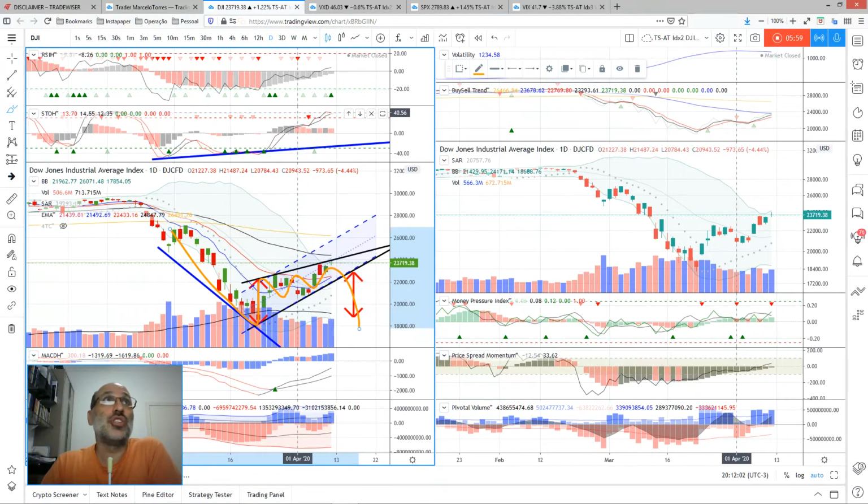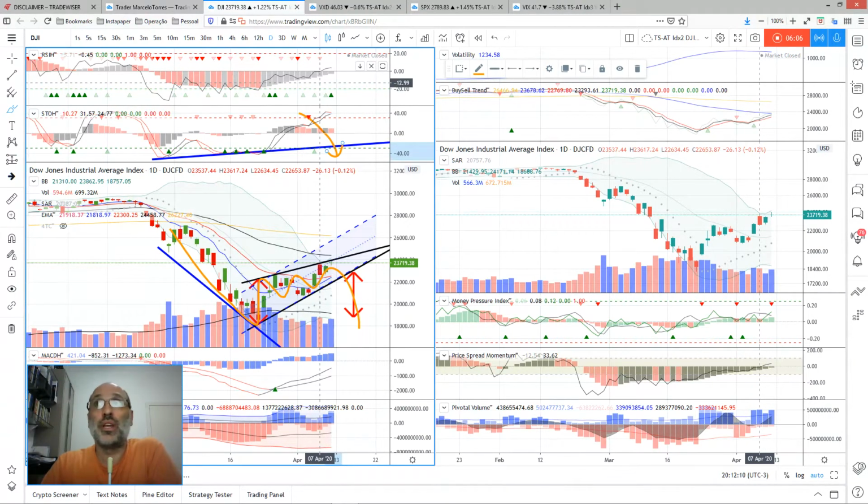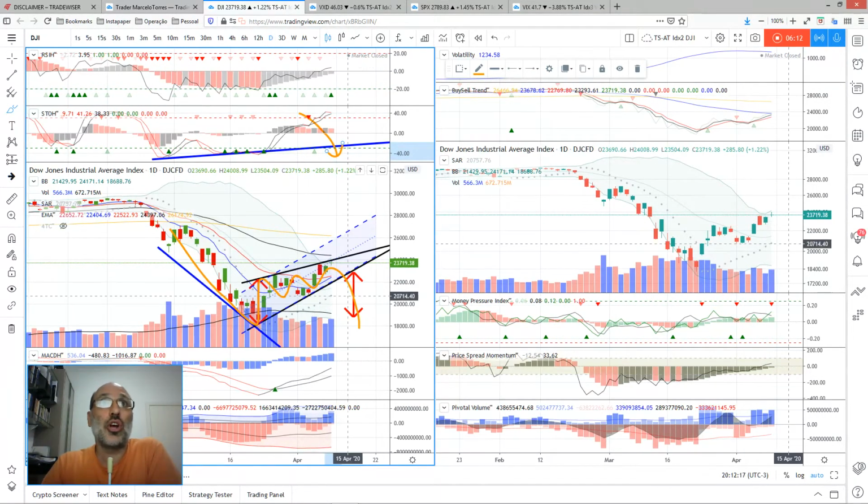And then you can see here on the stochastic, it should go down. And then we see here, we still don't have information on the relative strength index. It should form something during the week because, since we're on the daily chart, we have some time to form this negative move on the wedge.